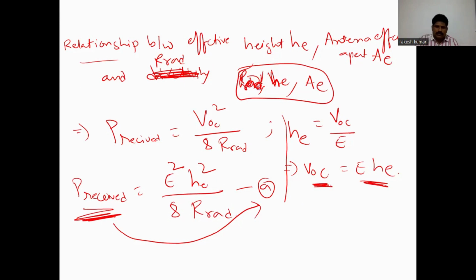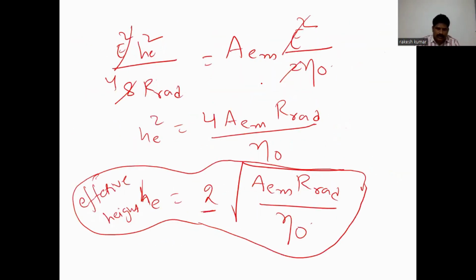So this gives the relationship: effective height H is equal to 2 into root AEM by R radiated by eta. This is the derivation for the effective height in terms of effective aperture area and radiation resistance.